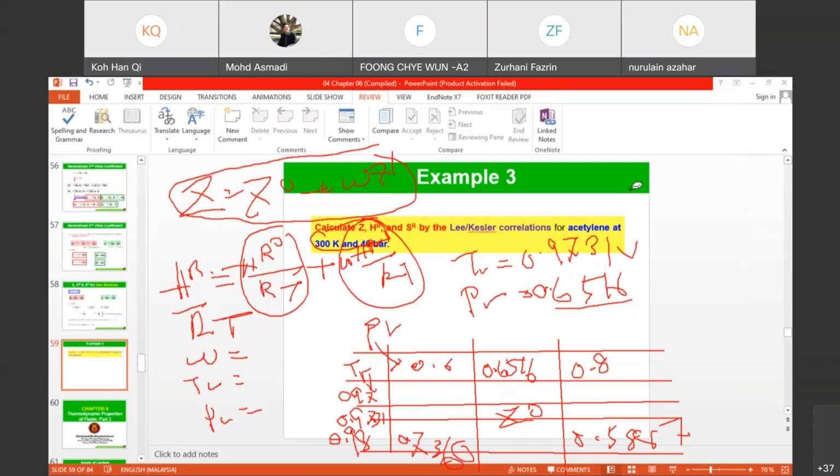Once you determine Z naught, with the similar method you can also determine Z prime. Okay, please determine Z naught.